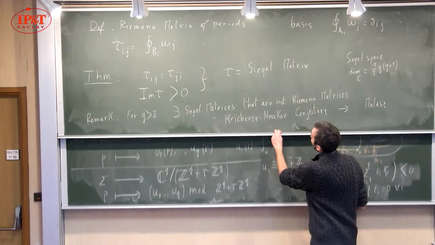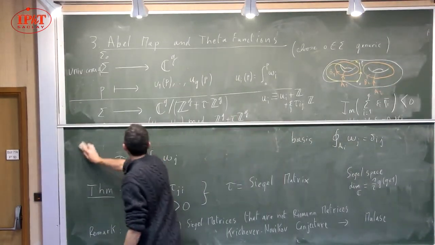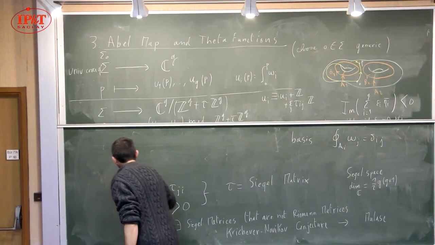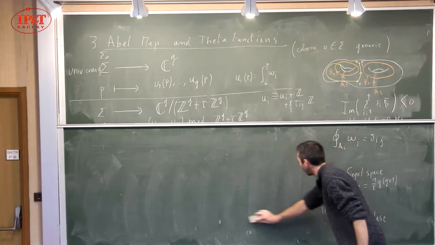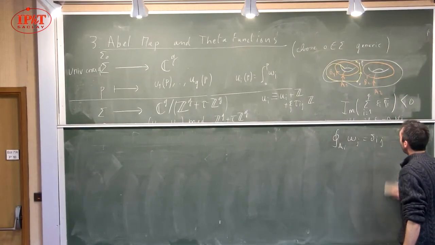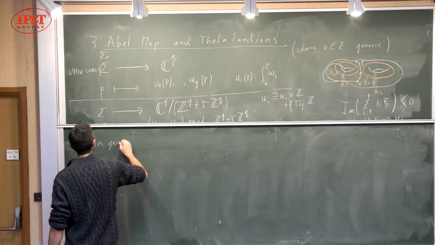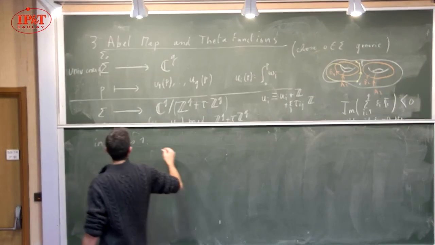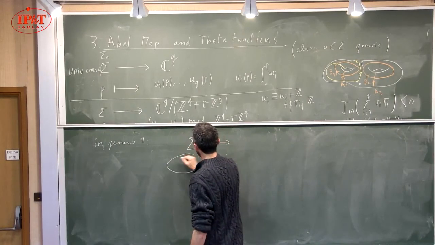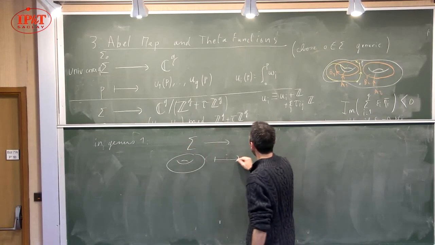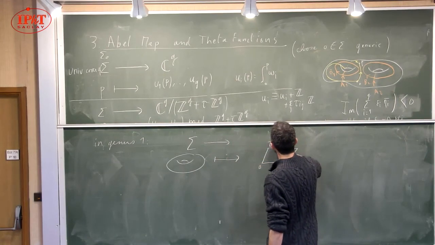If you have g equals 1, this is just the usual thing on the torus. If you are in genus 1, you have a map from your surface sigma, which is a torus, to the parallelogram 0, 1, tau.